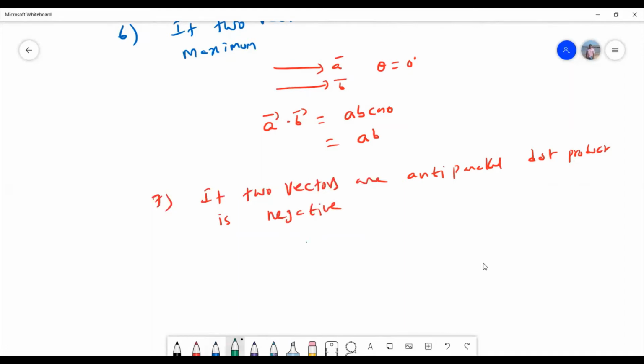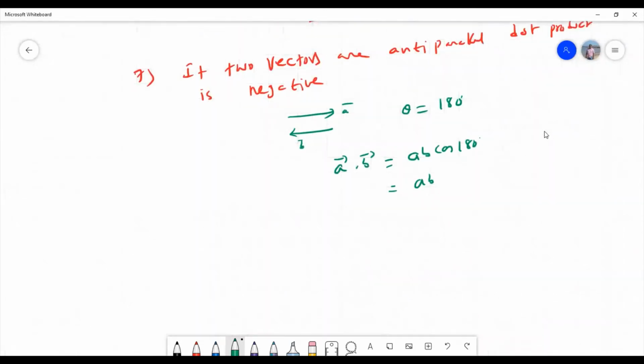So if this is one vector, this is another vector, this is A bar, this is B bar, theta is 180, then in this case, A bar dot B bar is AB cos 180, we know cos 180 is minus 1, so minus AB. This is minus AB. Next one, a very important property, that is number 8.